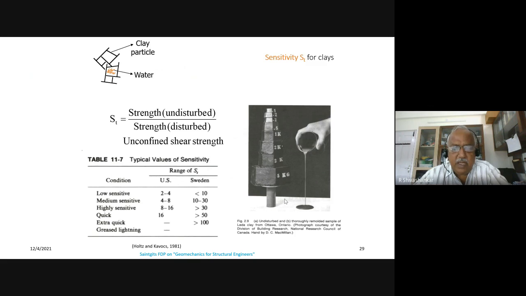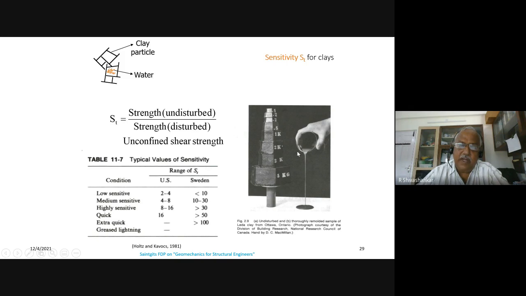This you must have seen in the textbook by Holtz and Kovacs. Some clays, I mean undisturbed marine clay taken from the bottom of the seabed, when undisturbed, can take quite some load, more than 10 kg.